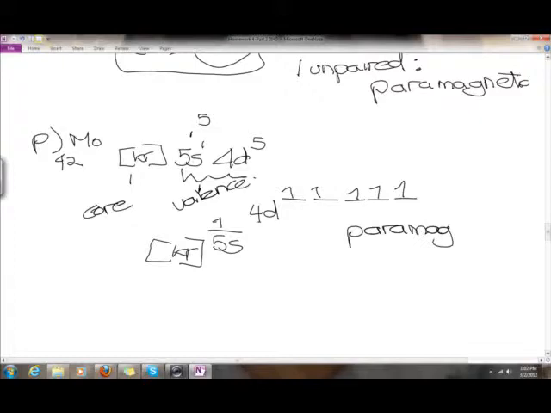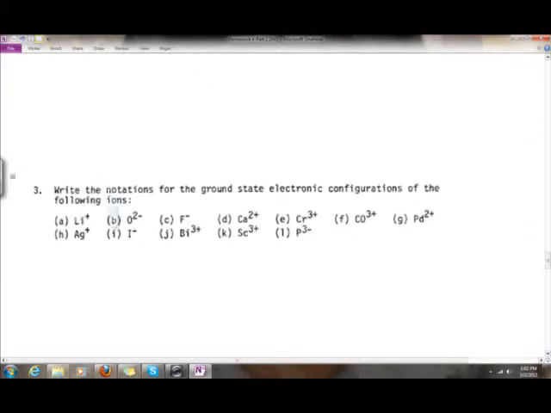And because this is a transition metal, it would be ns1, (n minus 1) d5, so 4d5. So paramagnetic. Now let's go ahead and do question number 3. We need to move on.